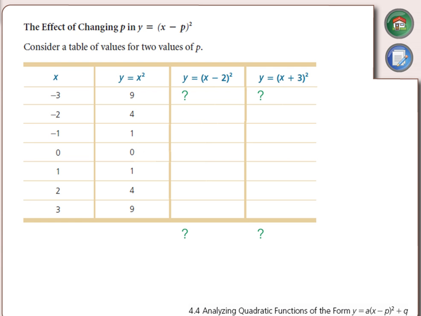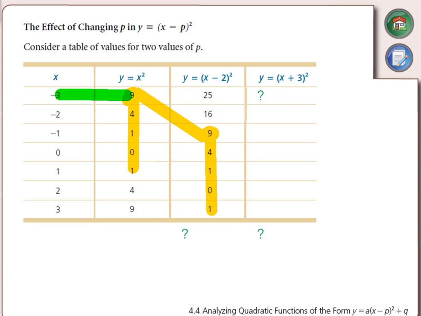Let's do the same thing with our parameter p and see how that affects it. In this case, when we plug in our x values, we notice, oh, look, we have the same values as we had originally, except the 9 no longer went with the 3. The 9 is now going through with a negative 1.